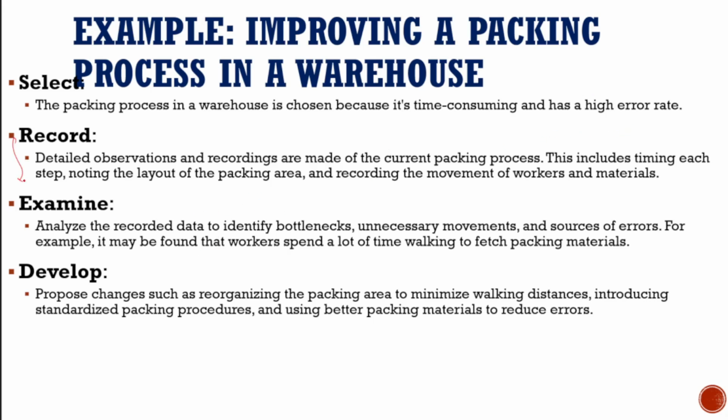In the next step, we are recording. Detailed observation and recording are made of the current packing process, which includes timing each step, noting the layout of the packing area, and recording the movement of workers and materials.